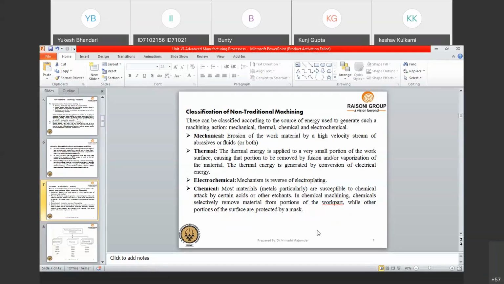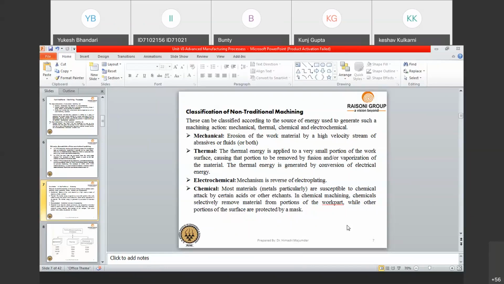Okay. Next one is chemical. When you use chemical energy source, what happens? Different materials are susceptible to attack by certain acids or other agents. For those materials, in chemical machining we selectively choose different types of chemicals, and those chemicals are used for removal of material from the workpiece.